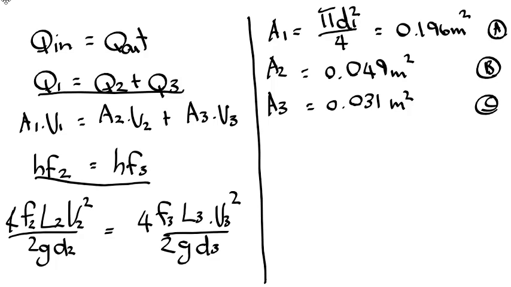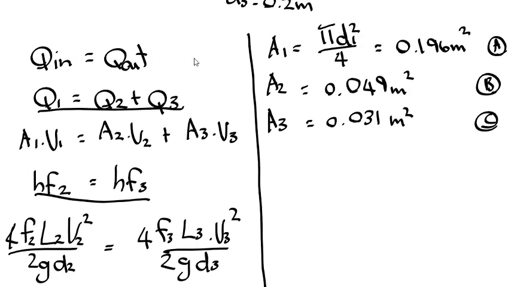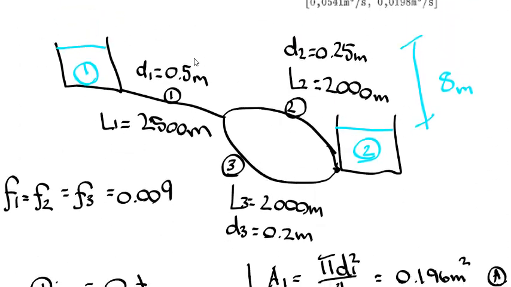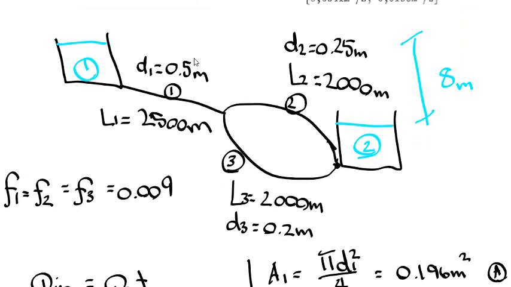So remember, we want the flow rate in pipe number 3. We look at our sketch again. We want the flow rate in this pipe. So we have to go and write a formula in terms of this.